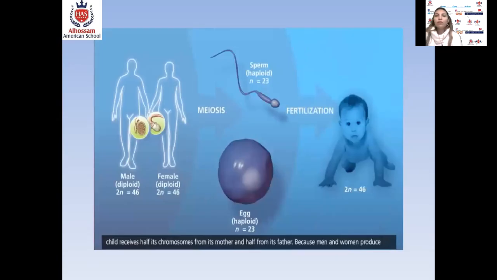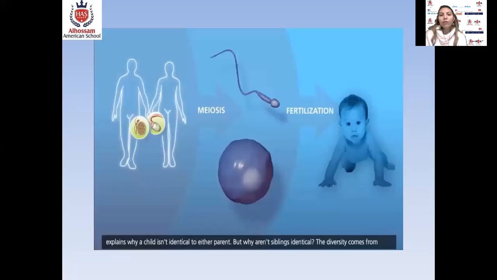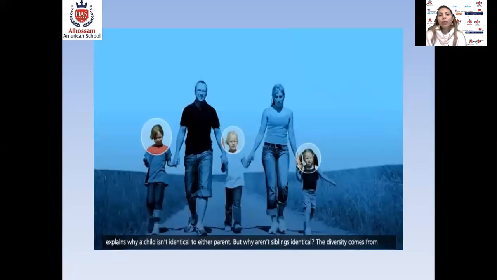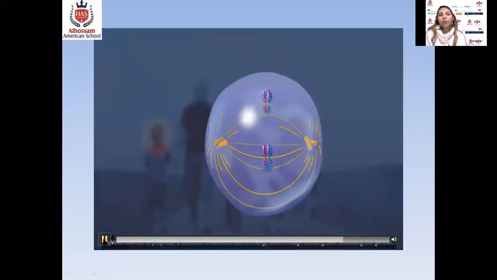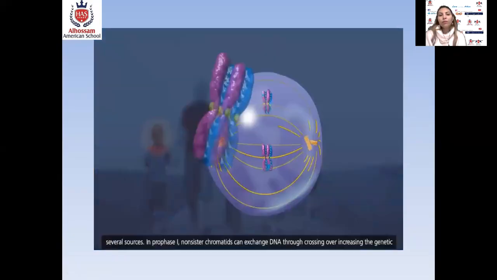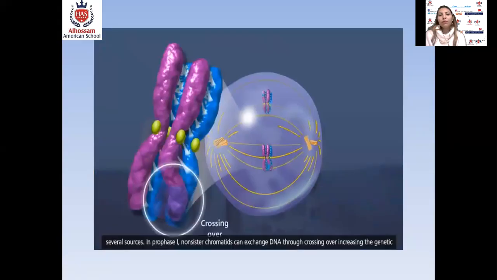Because men and women produce millions of gametes and the selection of gametes in fertilization is random, this contributes to genetic diversity. This explains why a child isn't identical to either parent. But why aren't siblings identical? The diversity comes from several sources. In prophase I, non-sister chromatids can exchange DNA through crossing over, increasing the genetic diversity of individual chromatids.